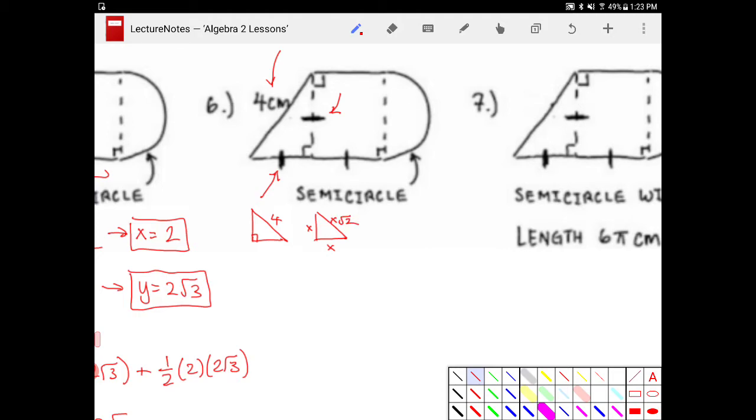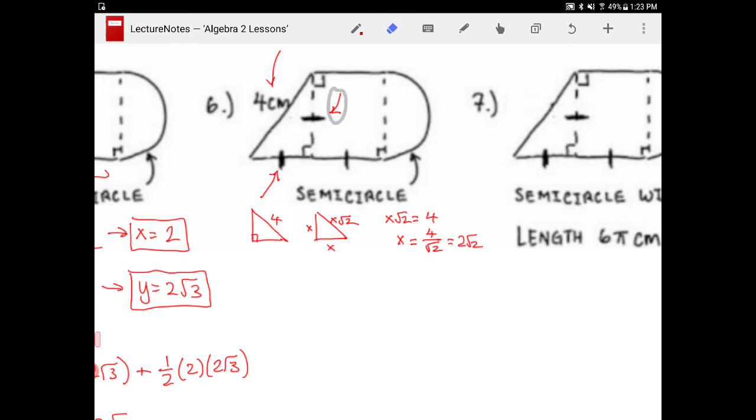So what will x equal? I will say x radical 2 is equal to 4, and therefore x is equal to 4 over radical 2. Remember, we got to rationalize, so I multiply top and bottom by radical 2. I end up with 2 radical 2 as x. So x is equal to 2 radical 2.